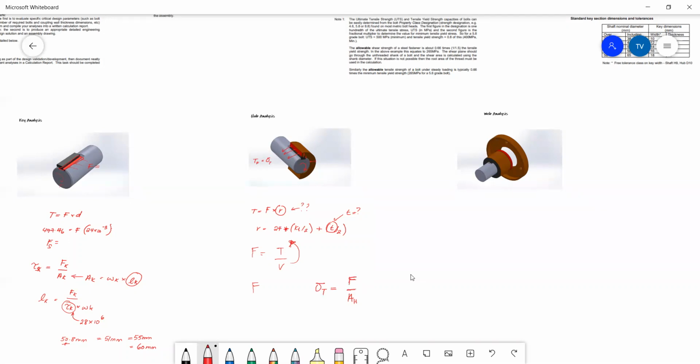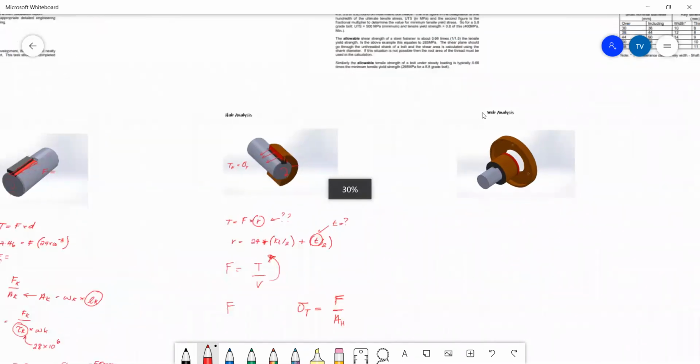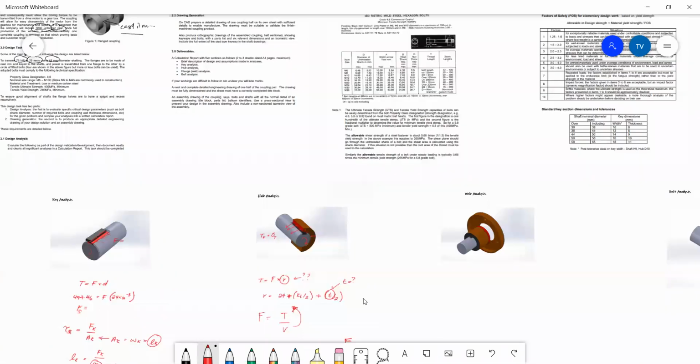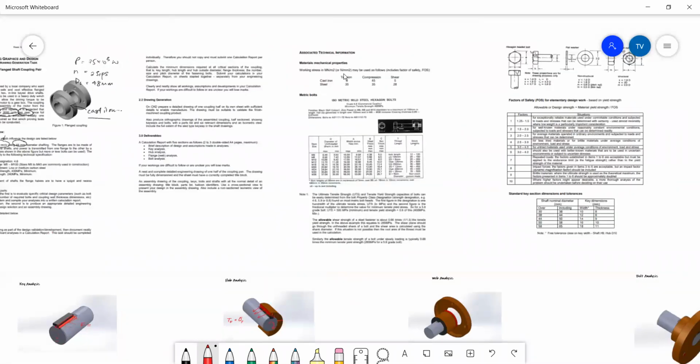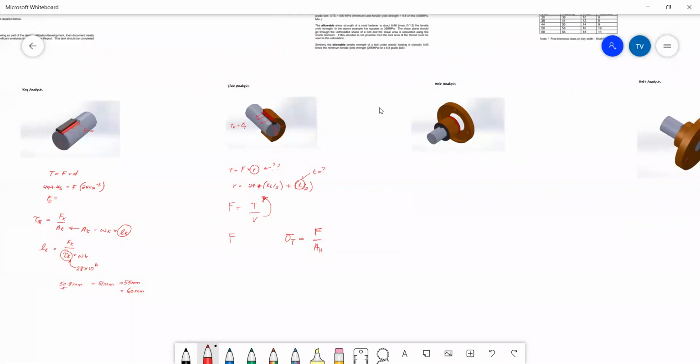Force divided by the area of the hub. Okay. And now the tensile strength of mild steel is up here. Tensile strength, 35 megapascals.